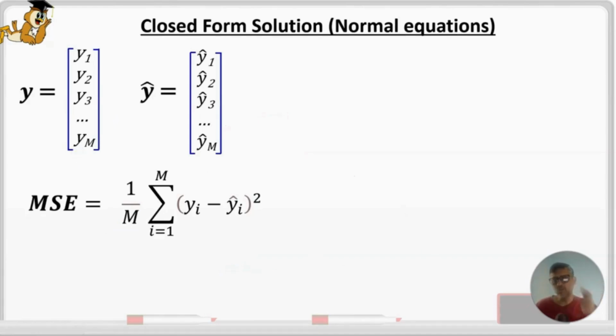We will begin with the closed form solution because it's elegant and nice. Like I said, linear regression is one of those few problems that actually have a closed form solution. They are also known as normal equations. We introduced the vector notation earlier in this lecture, and while we discuss the closed form solution, you will see why I said we should use it.